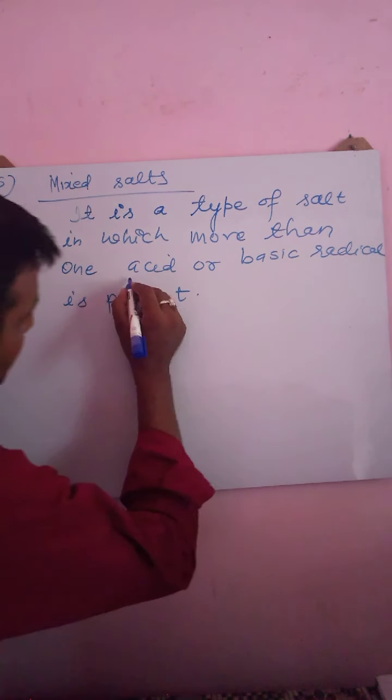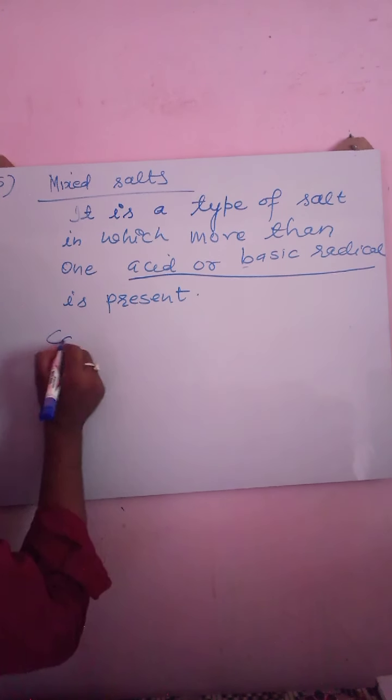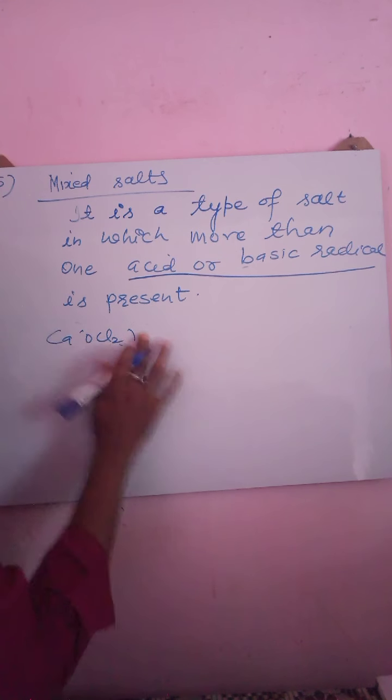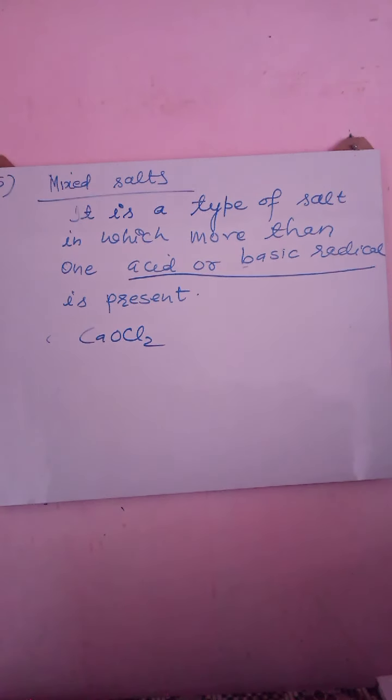I hope you people are aware of the acid and basic radical. The basic radical is from the base and the acid radical is from the acid. For example, CaOCl2. Clear? So here more than one acid radical is present.